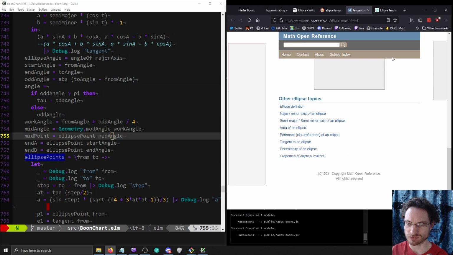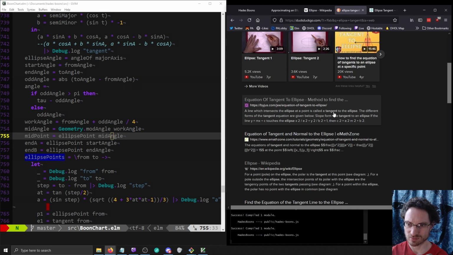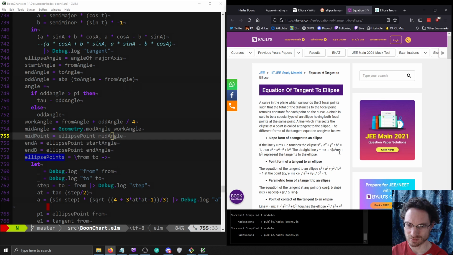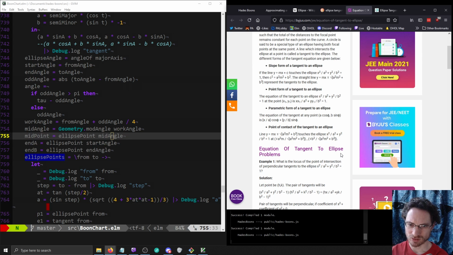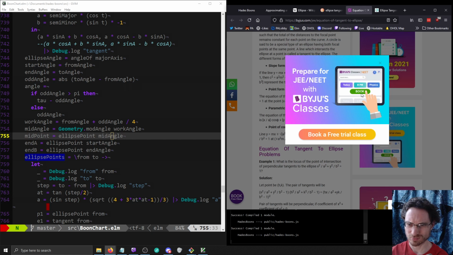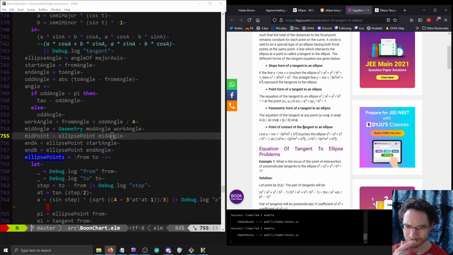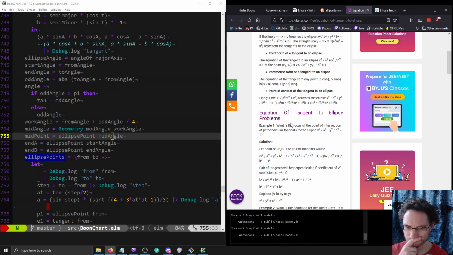This is from a focus form. Slope form, point form. And here's this a squared b squared stuff. Parametric form? Equation of the tangent at any point to an ellipse?